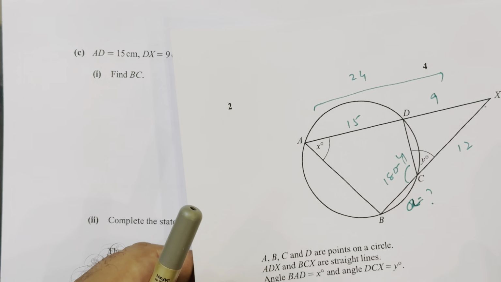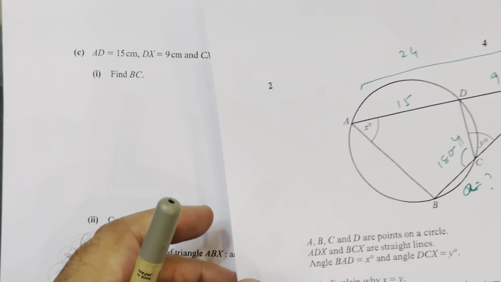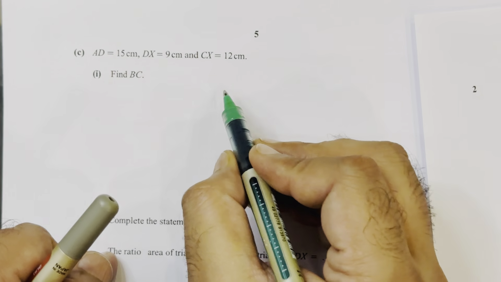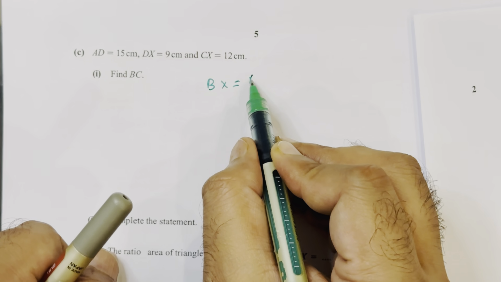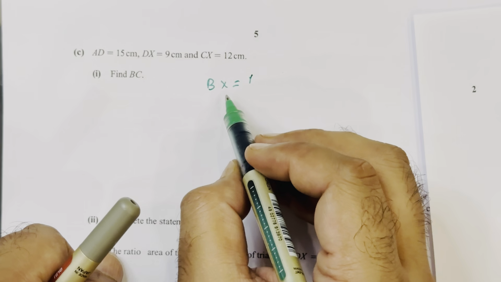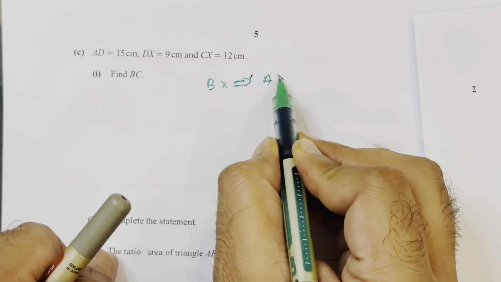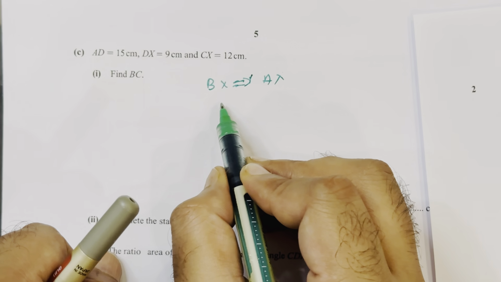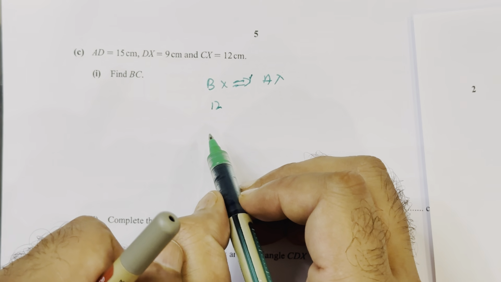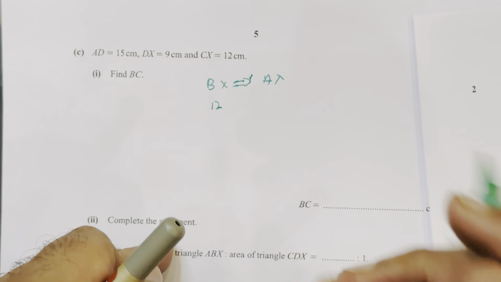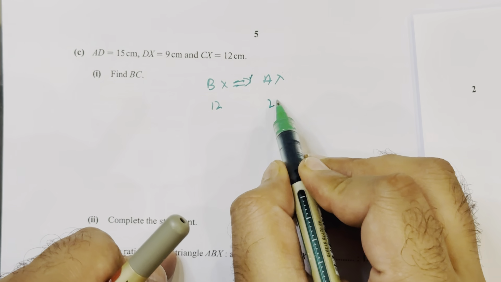Okay, if we know that BX corresponds to AX, and if BX is 12 then it would be equal to 24.